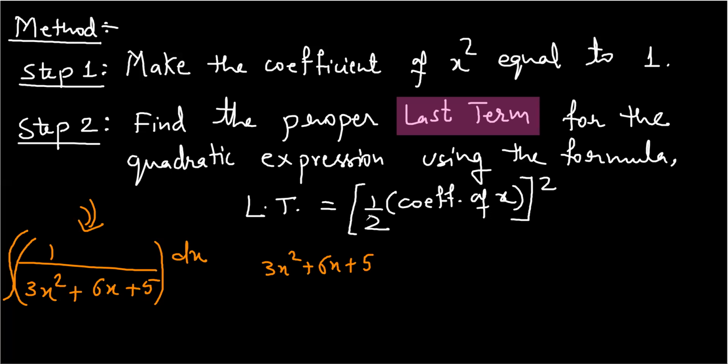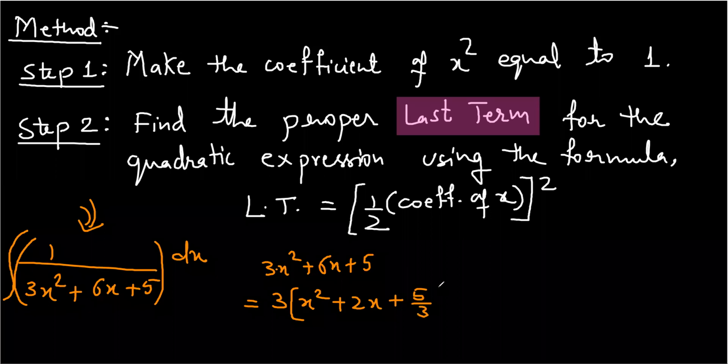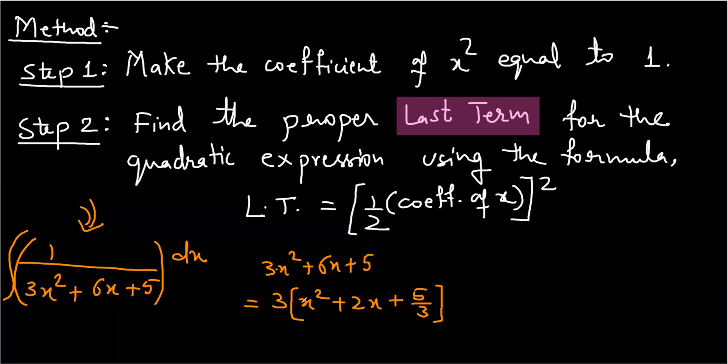The first step was make the coefficient of x square equal to 1. So you will take 3 out, and the x square coefficient will become 1. Taking 3 common, I get x square plus 2x plus 5 by 3. Because when you take 3 common, from 3x square you are left with 1x square. From 6x you are left with 2x.